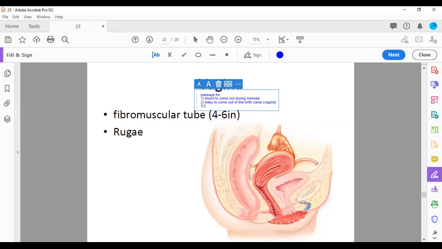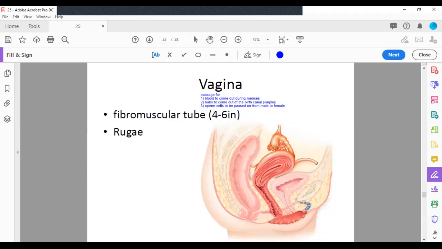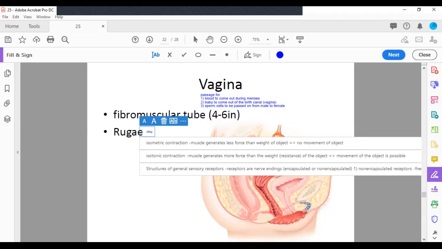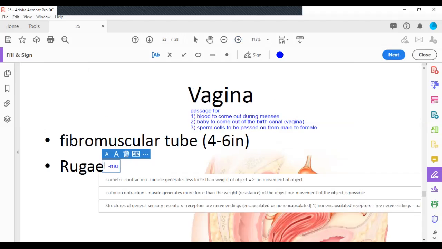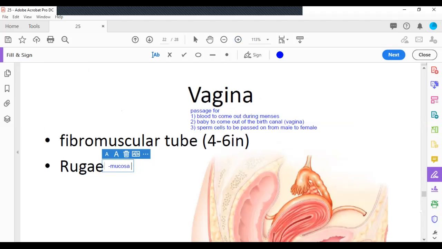Also, this is a passage for sperm cells to be passed on from male to female. Now, in the vagina there are what's called rugae, and we know rugae are defined as mucosal folds.